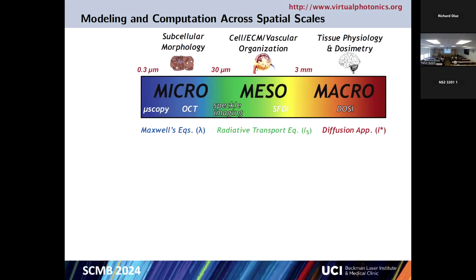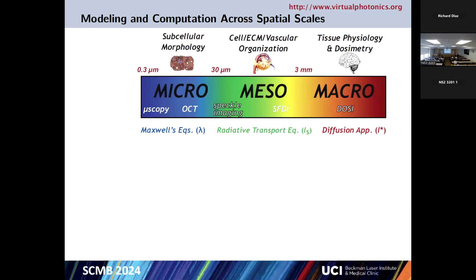Here, the fundamental spatial scale is known as the single scattering length. We call it L sub s. It is the characteristic distance that a photon can travel within the tissue before it encounters a scattering event.